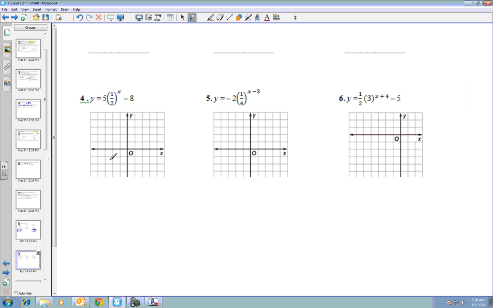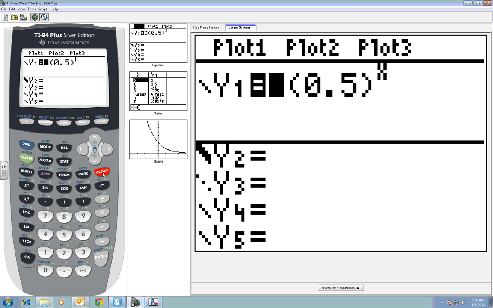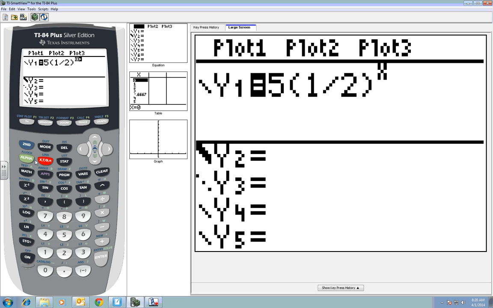Let's do number 4. Okay, everyone put number 4 in your y equals. Number 4 is 5, my parentheses, 1/2, and that's raised to the x. Now you have to be careful when you raise this to the x, I have to hit my right arrow key so that I'm no longer up there as an exponent, and then I'm going to put my -8.